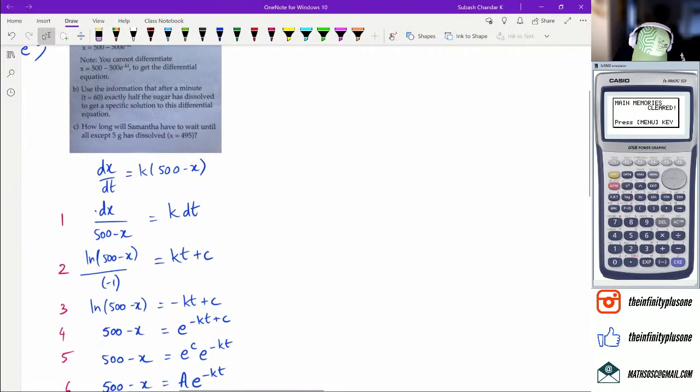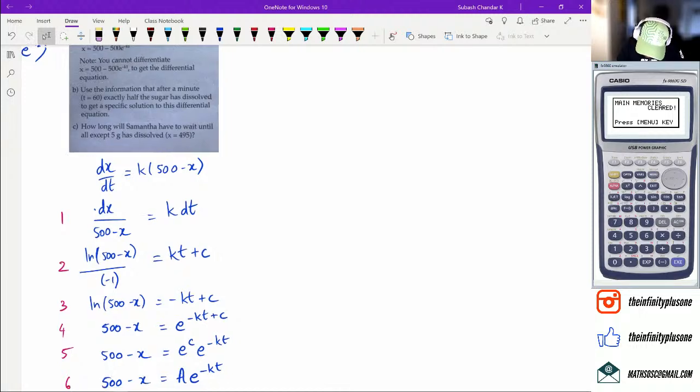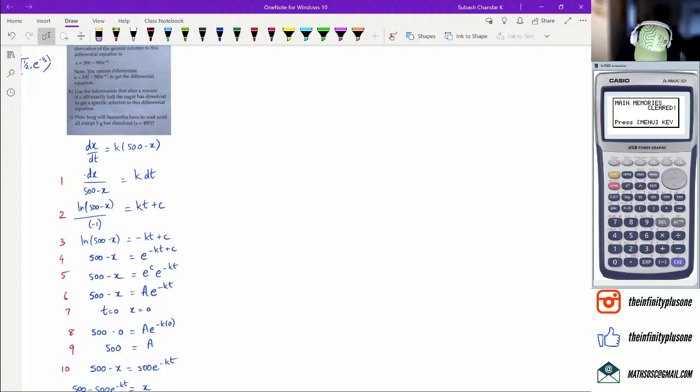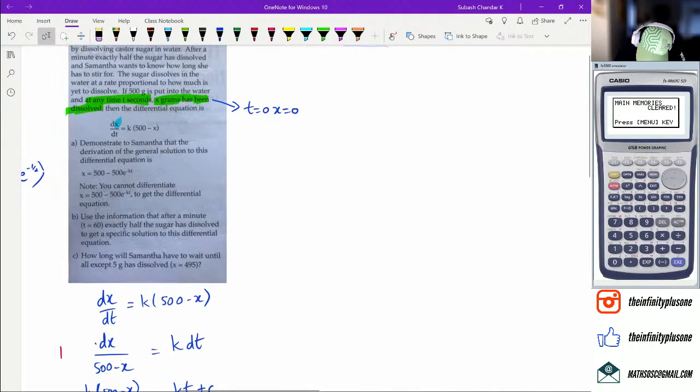All right, so the next part is use the information after a minute. So we've done this part.